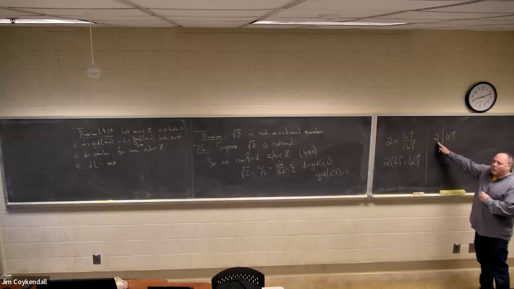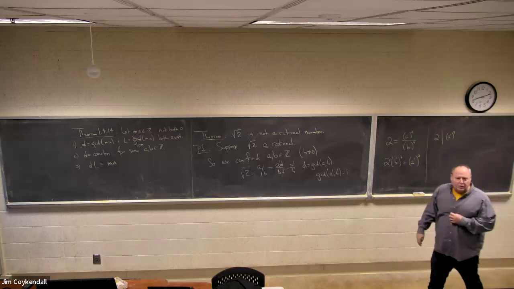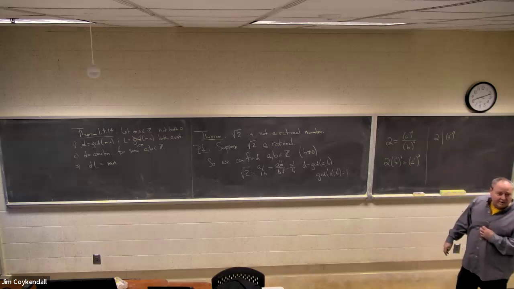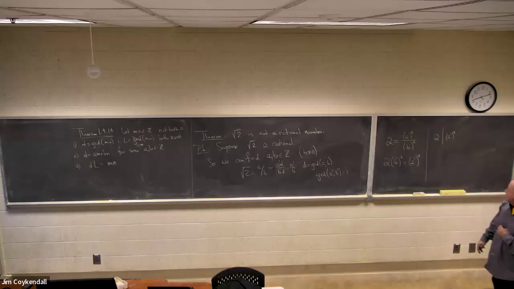But let me ask you this. What kind of special number is 2? If we root both sides there, that square root 2, which we defined as a rational, divides a, and you said that the greatest common divisor cannot be greater than 1.